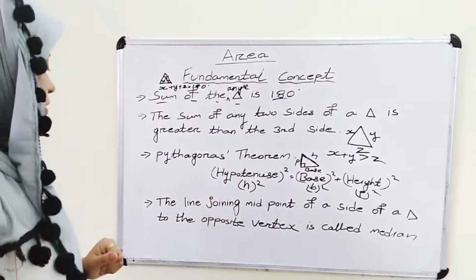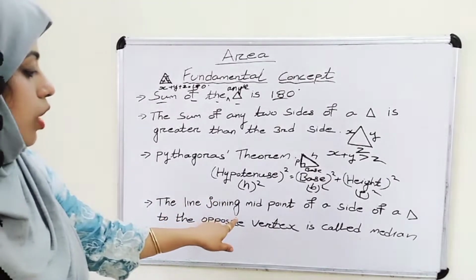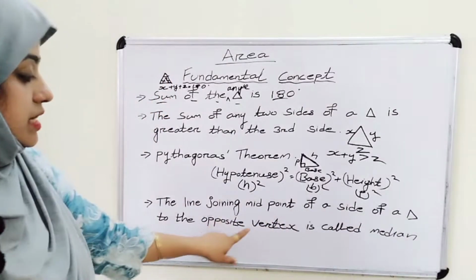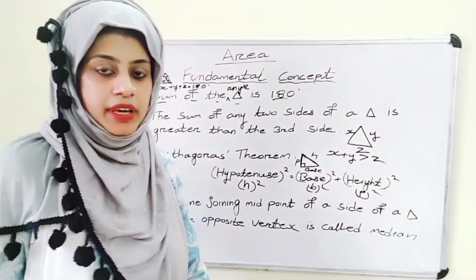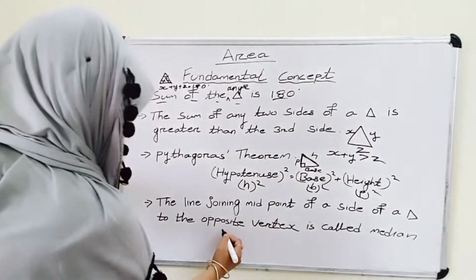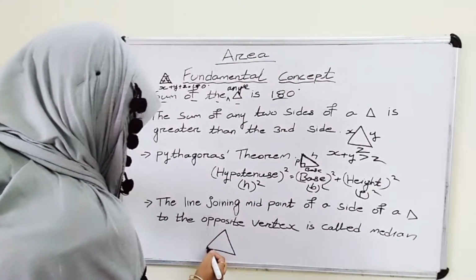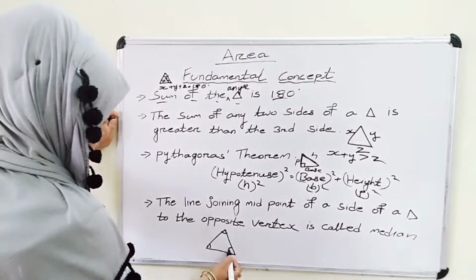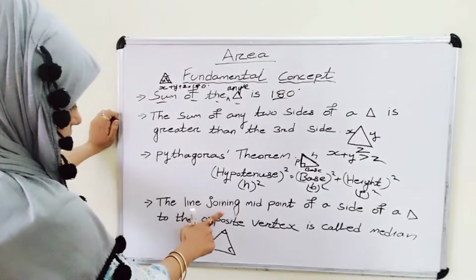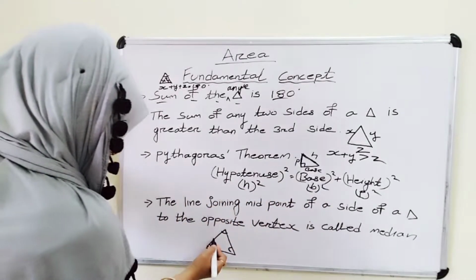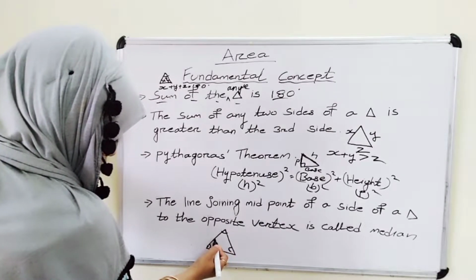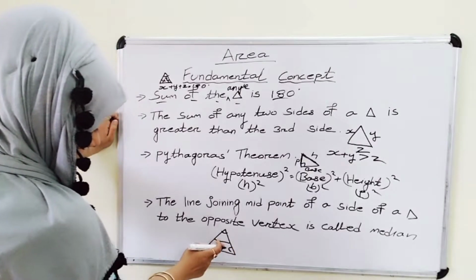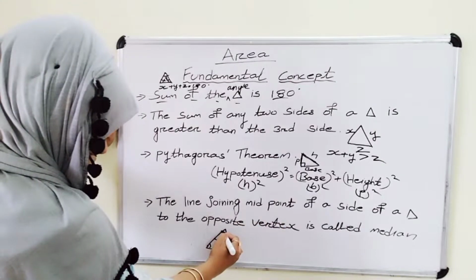Let's see another property. The line joining the midpoint of a side of a triangle to the opposite vertex is called a median. Suppose this is a triangle and these are the vertices. Take a line joining the midpoint of a side to the opposite vertex.